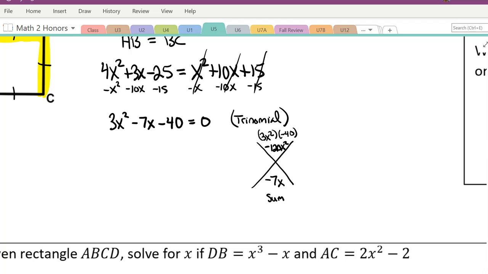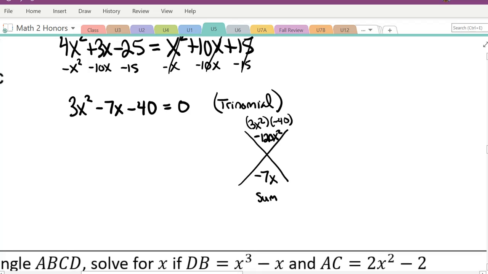So I am going to be thinking through this a little bit, because it's not an obvious one, right? We're going to think, well, what times what is 120? And to do that, I'm going to factor 120 down to its prime factors. So 120 is 2 times 60, and that's 2 times 30, that's 2 times 15, and 3 times 5.